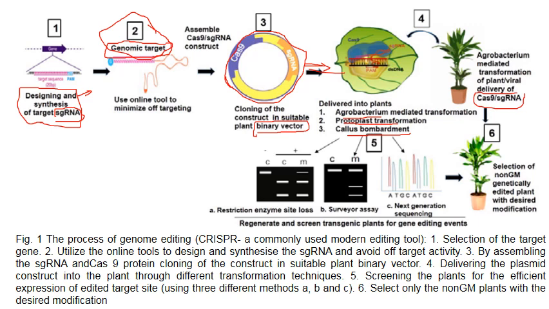How? By selection of non-GM genetically edited plants with the desired modification. That should be checked whether it is properly inserted or not, whether it is functioning properly or not. This is the entire process of how genome editing works inside the plant.